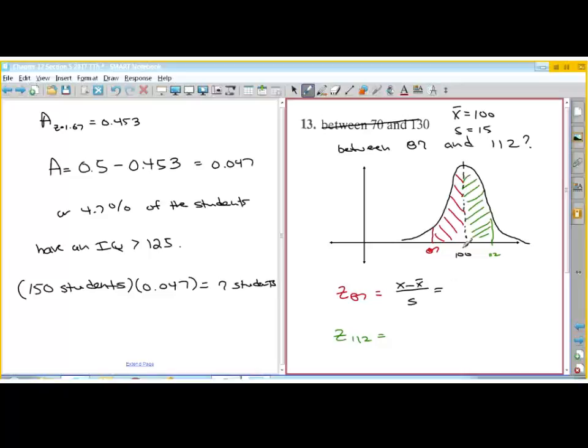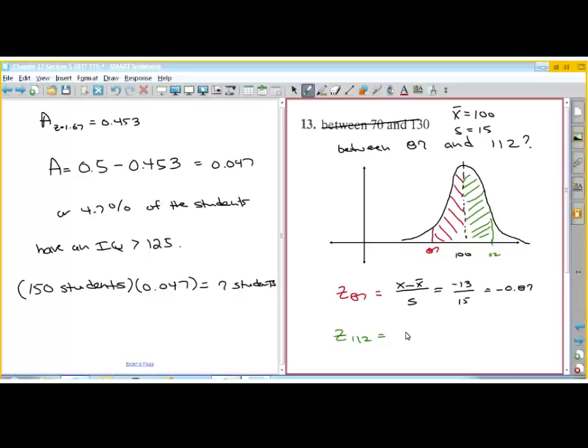Well, you got negative 13, that's the numerator, but the denominator is 15. In the previous problem, the standard deviation was 1, but it's not always 1. In this case, it's 15. So negative 13 divided by 15 is negative 0.866, which I'll round up to 0.87.